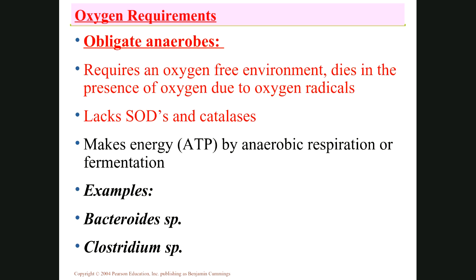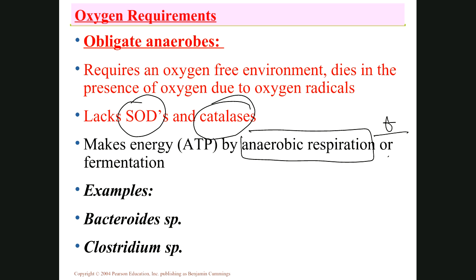Then you skip to the other end of the spectrum, the obligate anaerobes. These are organisms that are killed by oxygen. They do not have SODs, they do not have catalases, they do not use oxygen to make ATP. They make ATP by anaerobic respiration and or fermentation. Again, these organisms are typically killed in oxygen.